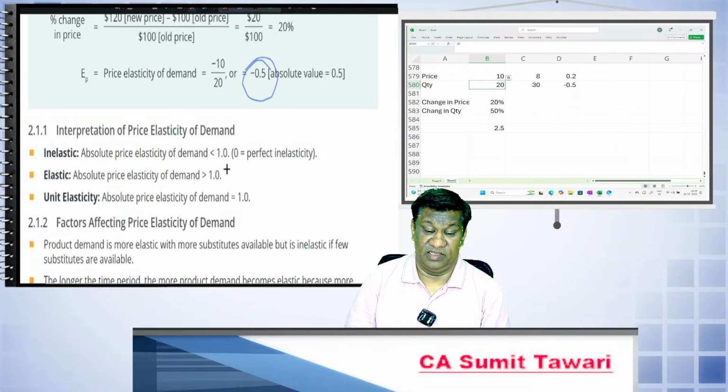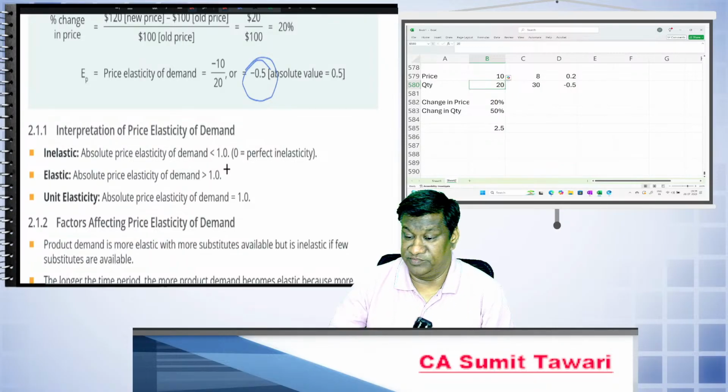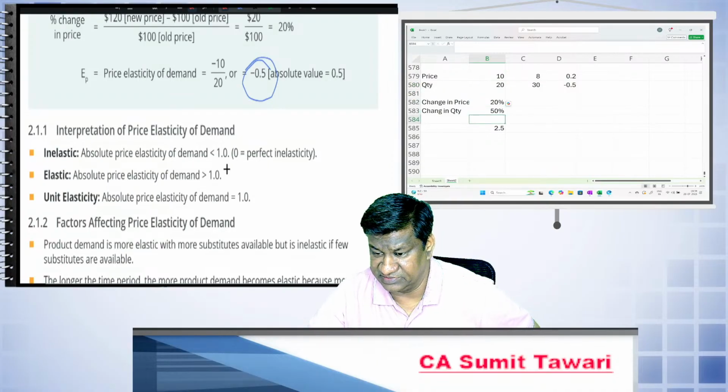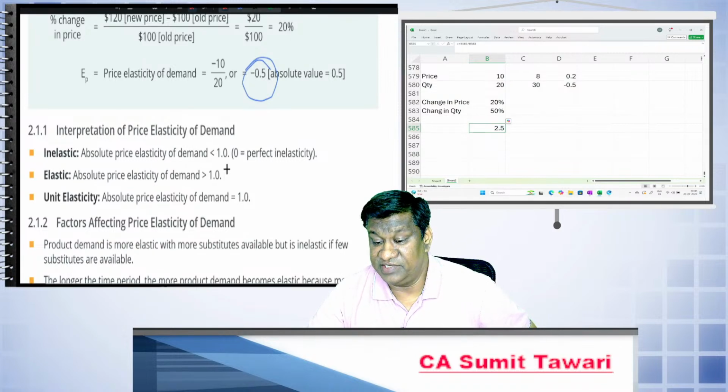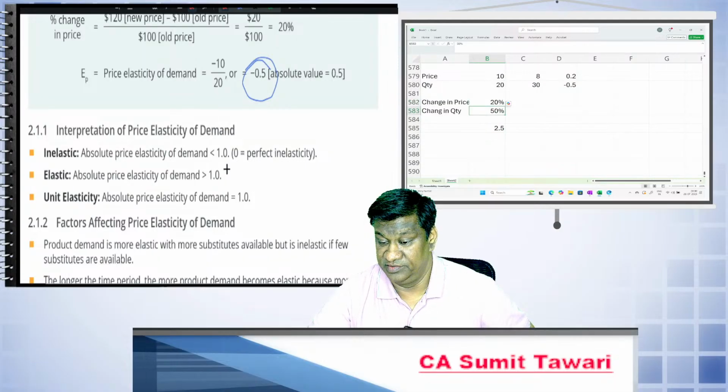Then elastic: absolute price elasticity of demand is greater than 1, and unit elasticity is 1. I can give an example. This is 1. It is greater than 1. That means a slight increase in prices may affect the quantity more than the price change, as we saw here.